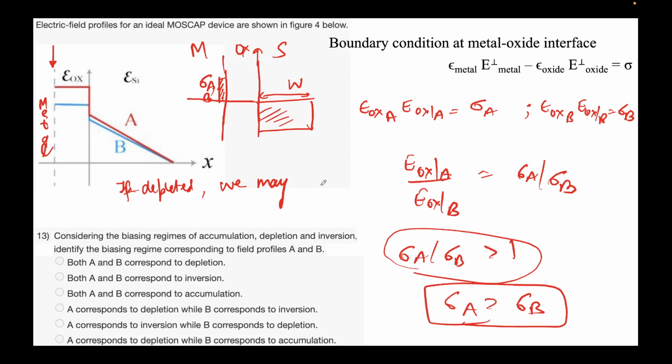Note that between A and B, the depletion width for both of them is the same, W. What's happening is that for A, you will also see a charge accumulating here because it has entered inversion. This is for A. For B, the picture will only have the depletion charge.